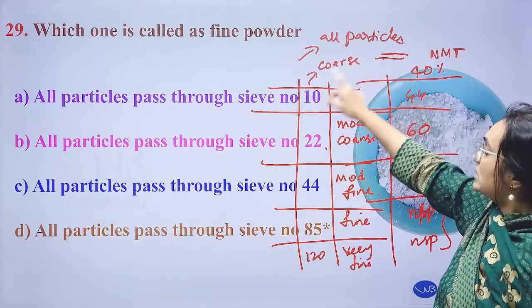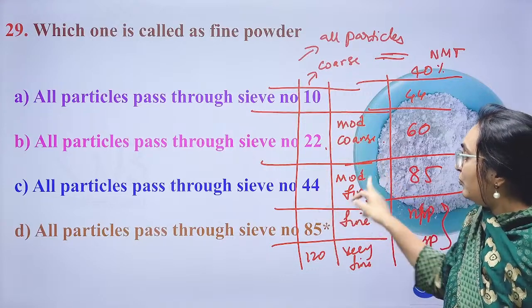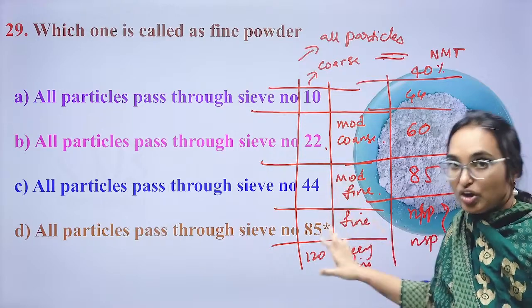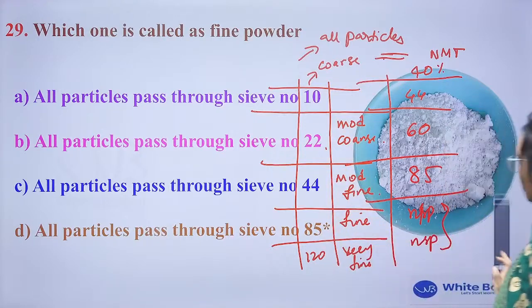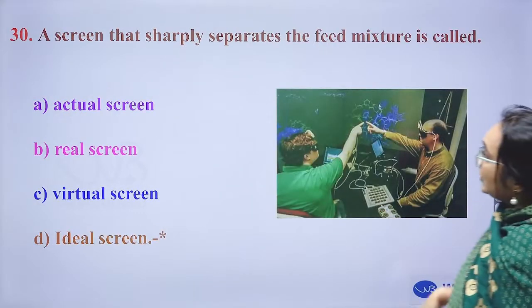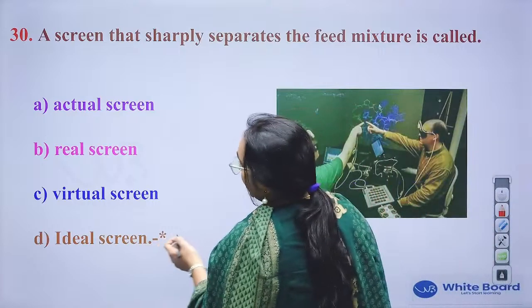So, all particles can pass through sieve size 10 for coarse, 22 moderately coarse, 44 moderately fine, 85 fine, 120 very fine. This you have to remember. So, there is a chance of getting a question from this. Okay. Next, a screen that sharply separates the feed mixture is called an ideal screen.